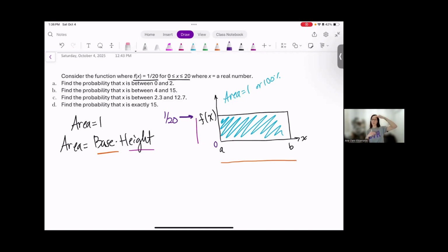So the distance from 0 to the function value is the function value. Just think, if you're at 10, the height is 10. If you're at 1 over 20th, the height is 1 over 20th. So we have a height of 1 over 20, and the base goes from 0 to 20. So that distance, that length, or that base is 20 long.